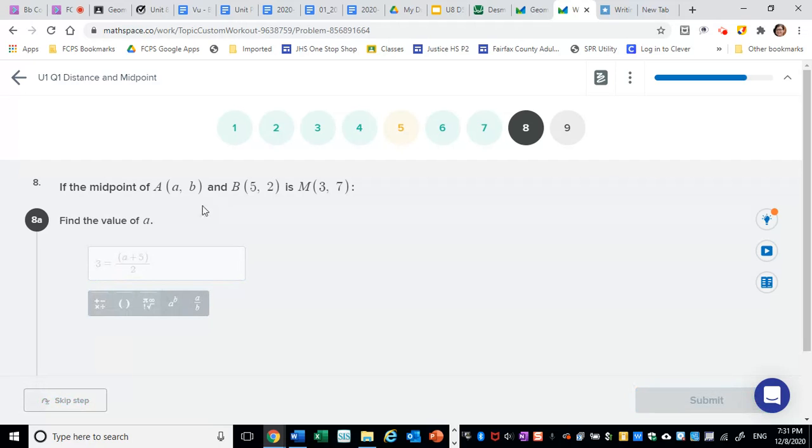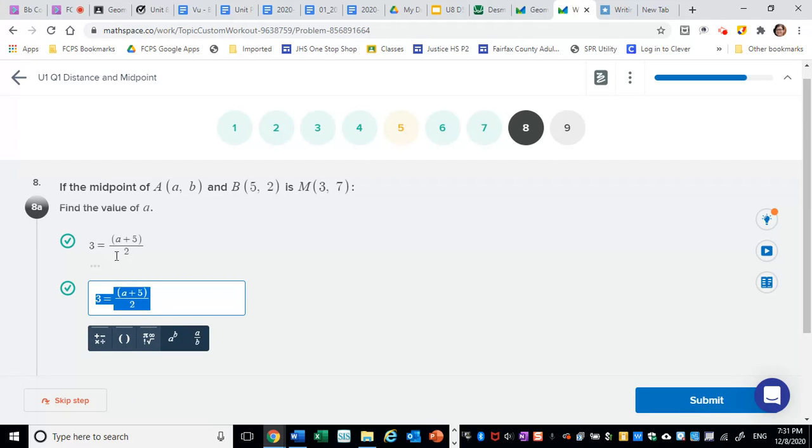So that is the formula. But you need to find A, right? So that means you multiply both sides by 2. So 3 times 2 is 6.